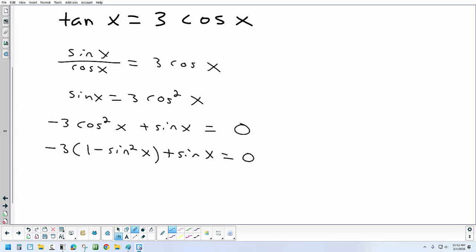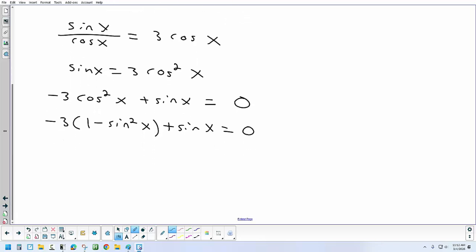And Sarah, what would I do next there? Do you see anything on the left-hand side that could be done out? Not really a property that I taught you, but something you would have learned like in Algebra 1? Yep, we're going to distribute. What would you get if you distribute?